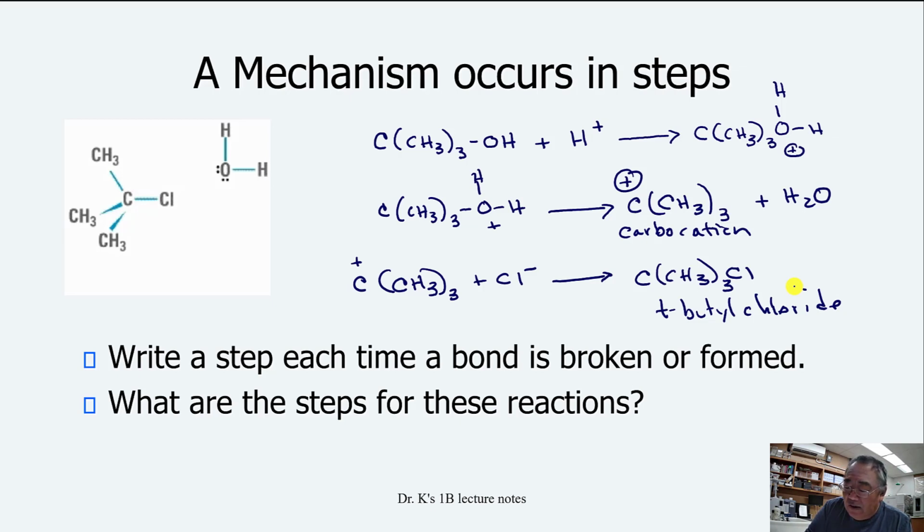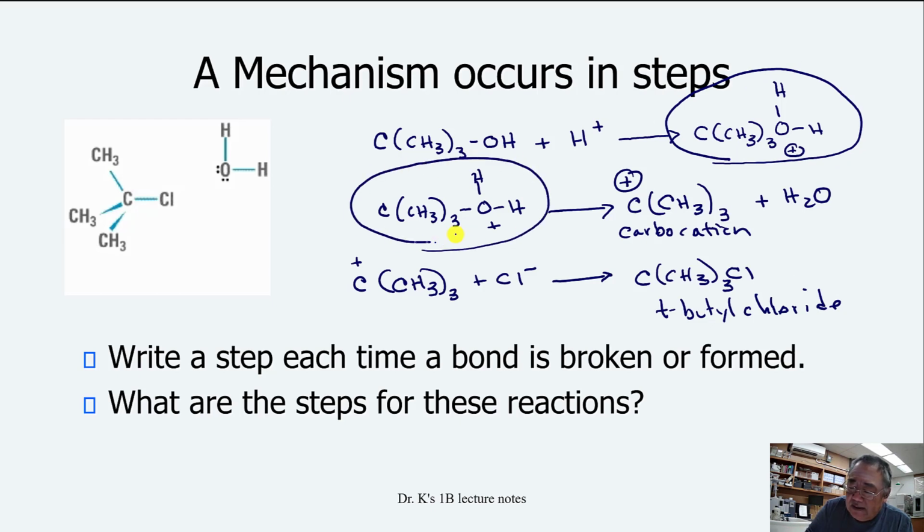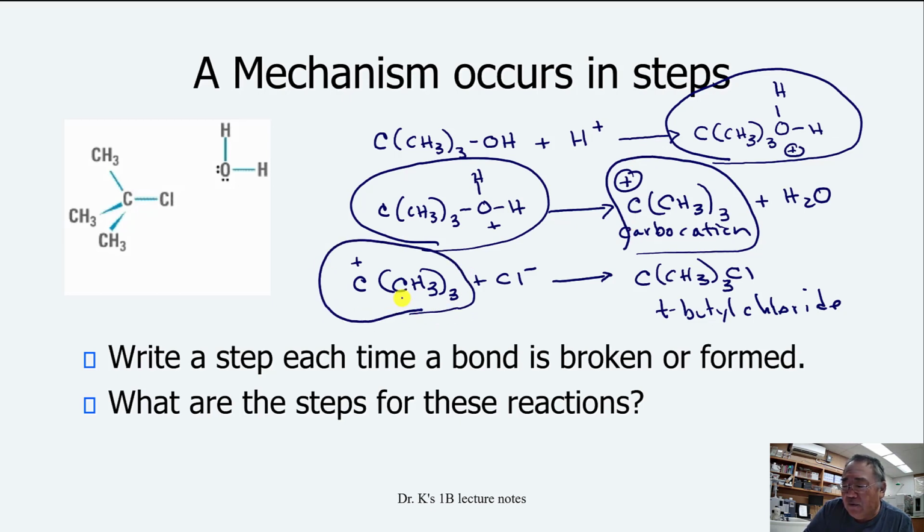But overall, in this reaction, notice this is not a product or a reactant. Neither is this a product or a reactant, because they get formed during the reaction. Actually the overall process is simply CH3OH plus HCl.